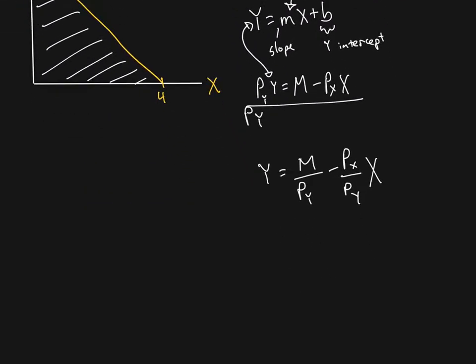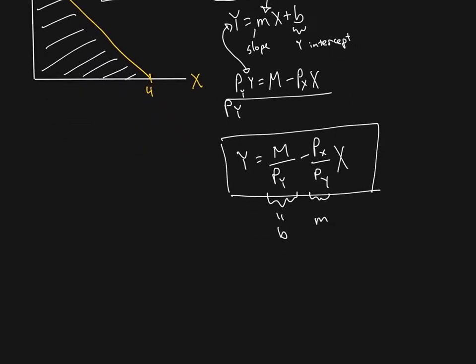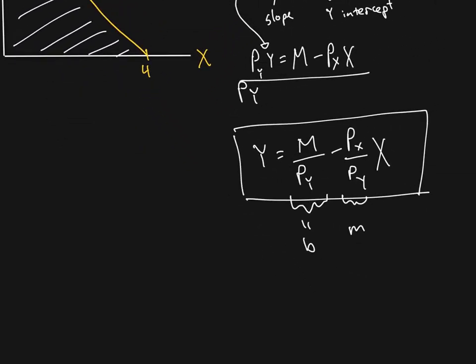And then notice that this is in the convenient y equals mx plus b format. In this case, M divided by Py is equal to b, and negative Px divided by Py is equal to m. So we know that in any straight line budget constraint, the slope is always going to be equal to the negative of the price ratio.